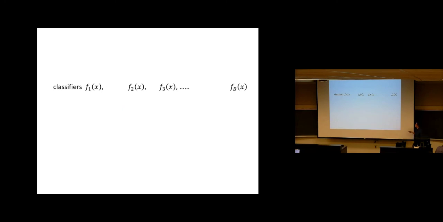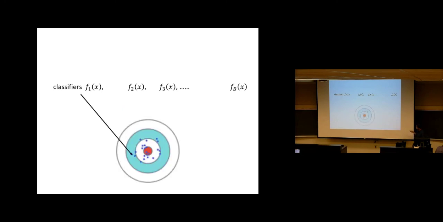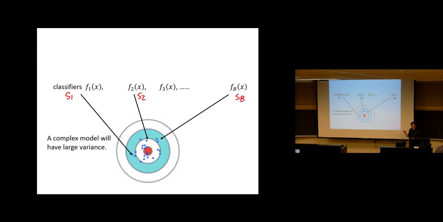Now let's see. You have multiple classifiers, and each one of them corresponds to an estimation. Think about the bootstrap samples. What are we doing in the bootstrap samples? If you remember, we bootstrap S1, S2 onto SB. In fact, we are creating randomness in my training data, right?